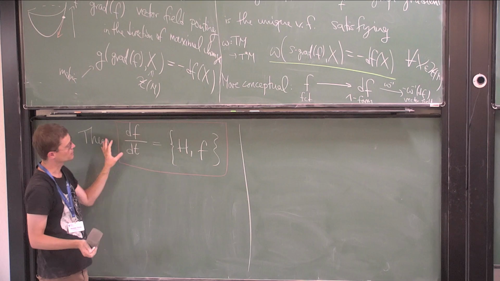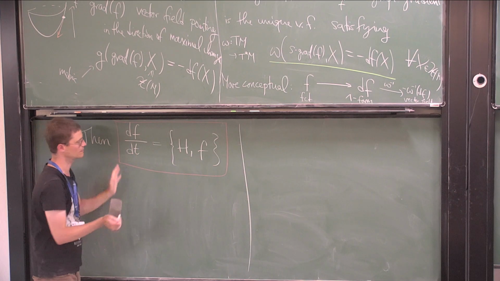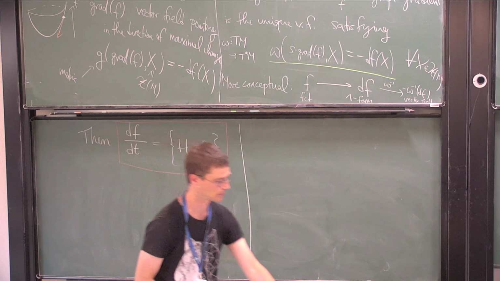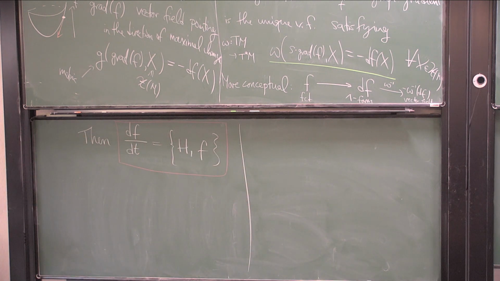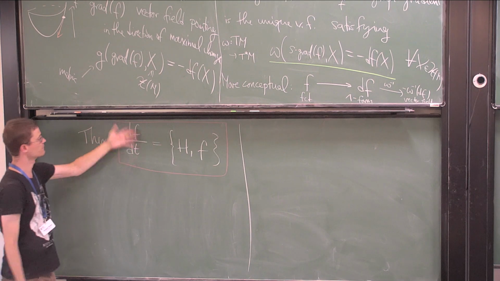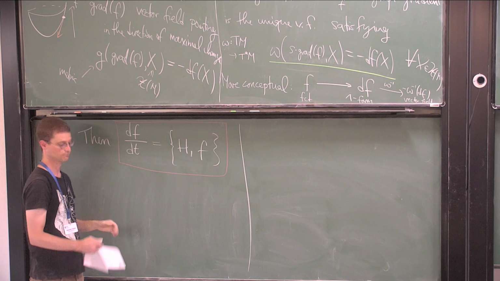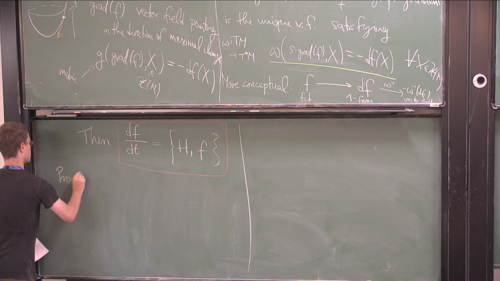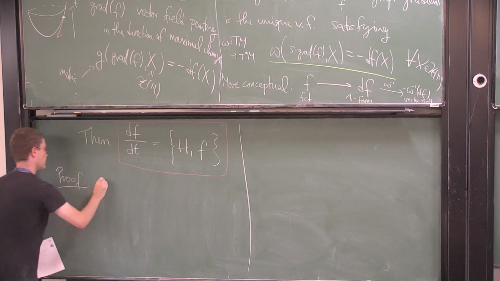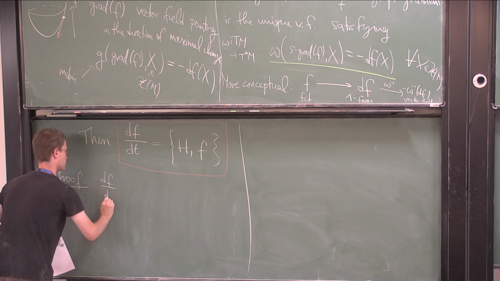This formula seems kind of innocent, but the importance of this formula can barely be overestimated. It really tells you that once you have a Hamiltonian formulation of your physical system, you can know any variation of any function. And the proof is pretty simple. We have to understand what this actually means.